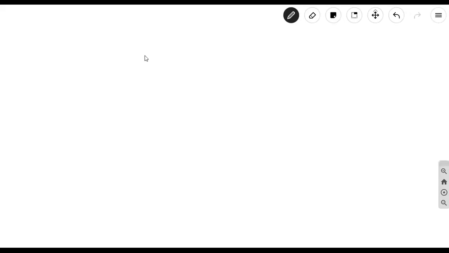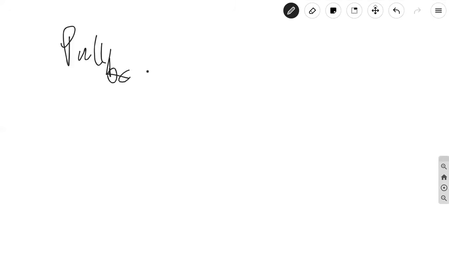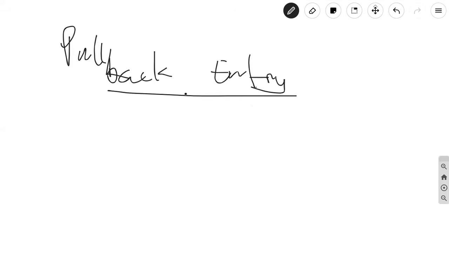Now, in part one of this Keep It Simple series, I'm going to talk about the beautiful entry trick, which I call the pullback entry. This pullback entry is based on candlestick anatomy.